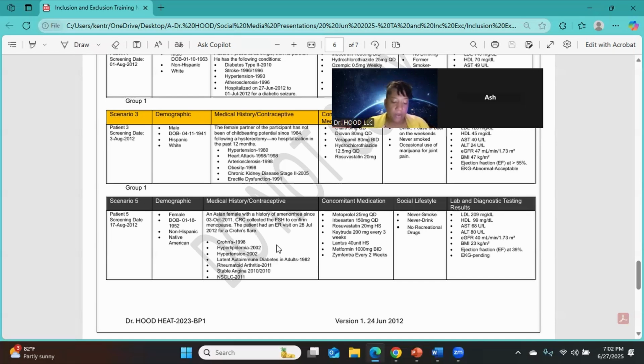And then her other exclusion: she did not have a diagnosis of atherosclerosis. So even though she's had hypertension and hyperlipidemia, which is high blood pressure and high cholesterol, she did not have that diagnosis. Each group had a person that just had a whole lot going on.